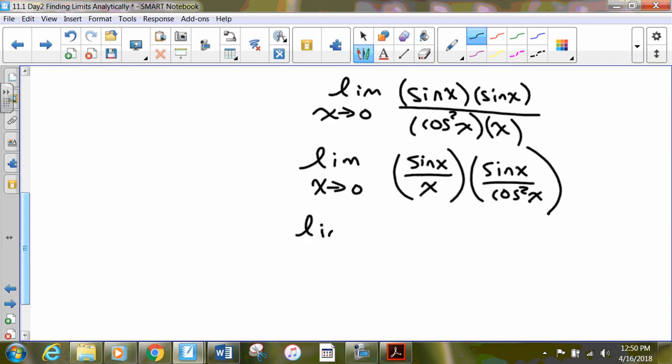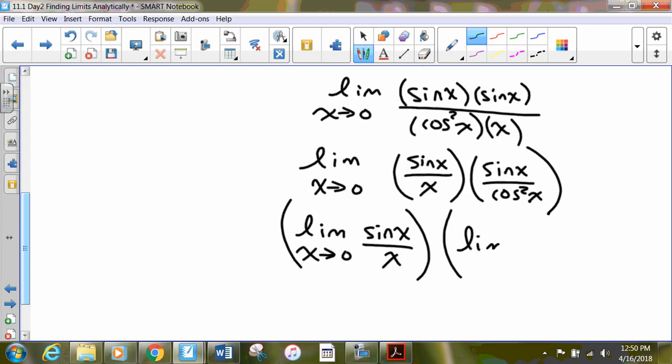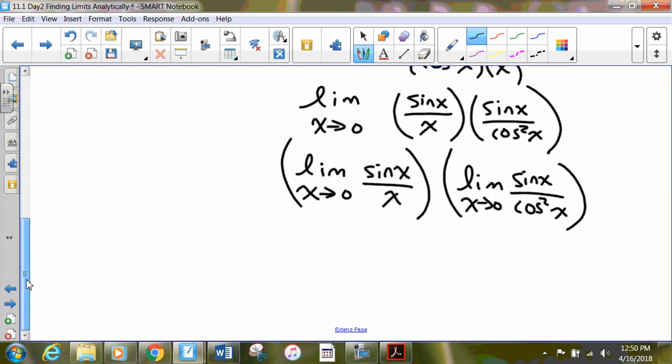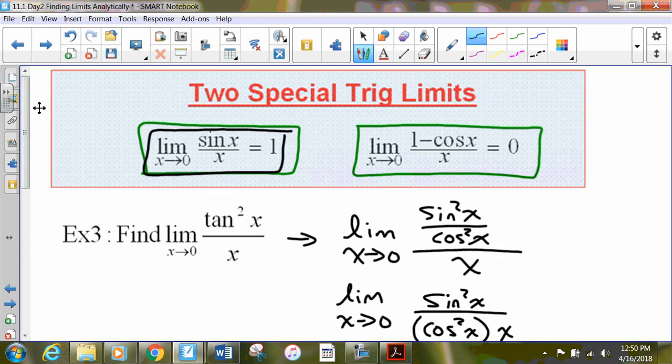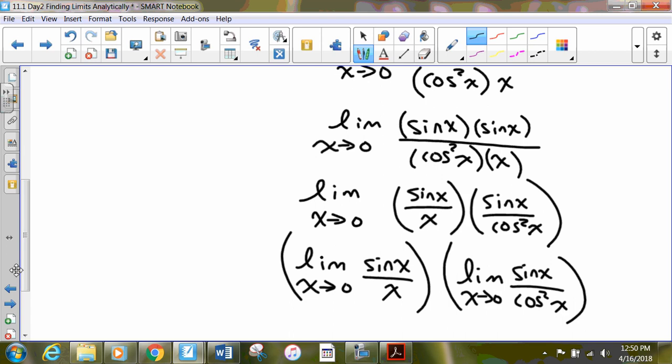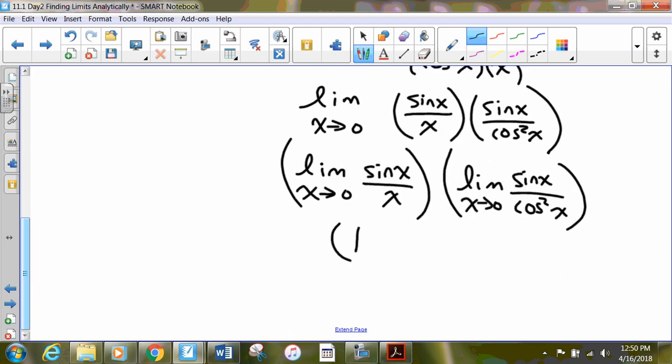It's the same thing as saying the limit of sine x over x as x approaches 0 times the limit of sine x over cosine squared x as x approaches 0. And we can't use direct substitution here, but we do know the limit of sine x over x as x approaches 0 is equal to 1. So this answer right here is 1.